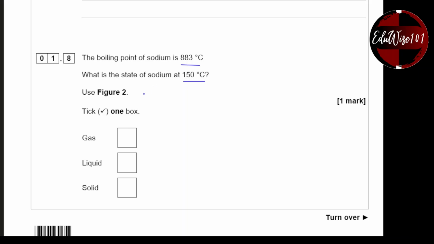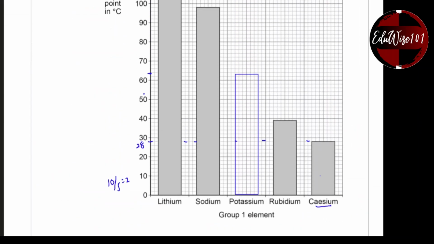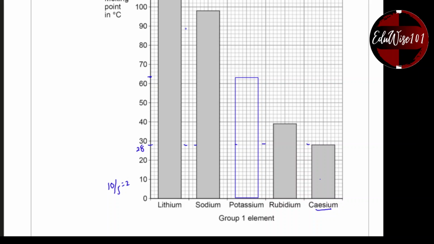Now, what is the state of sodium at 150 degrees Celsius? The melting point of sodium is 98 degrees Celsius. So sodium is melting at 98.